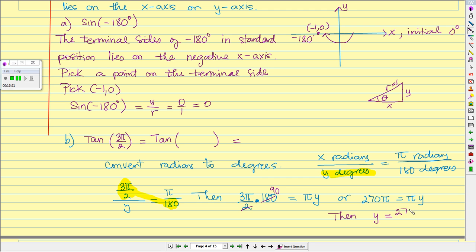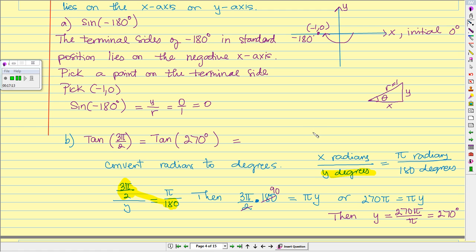Therefore y equals 270 pi divided by pi, so y equals 270 degrees. Now I want to find tangent of 270 degrees. In case you want to work with degrees, given radians you can convert into degrees.